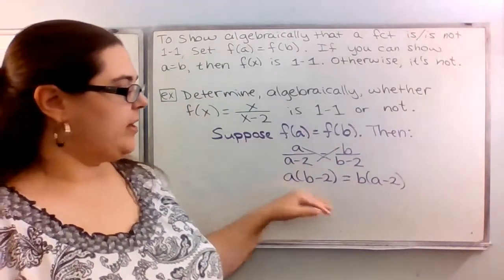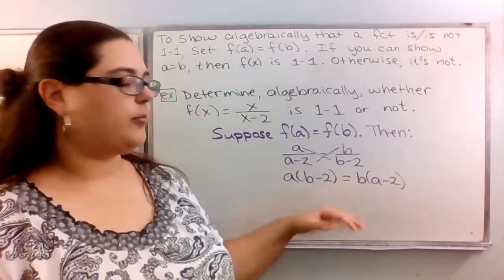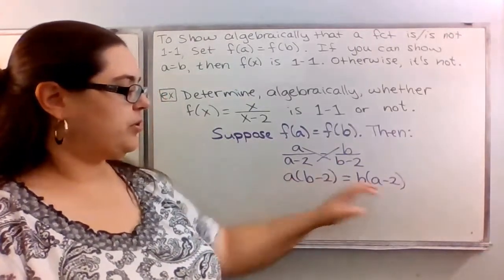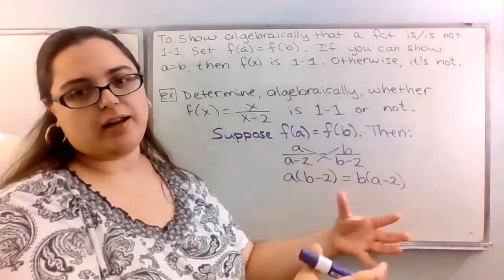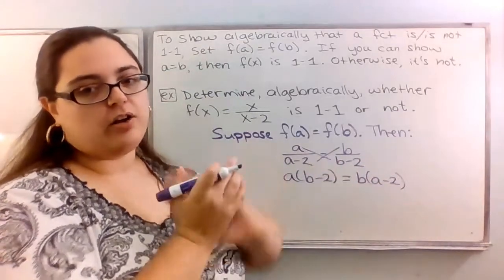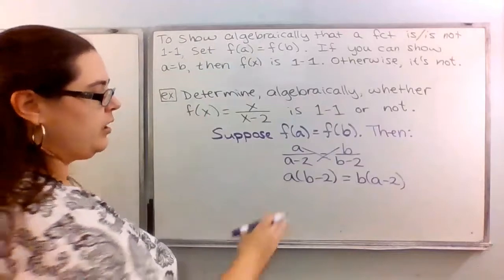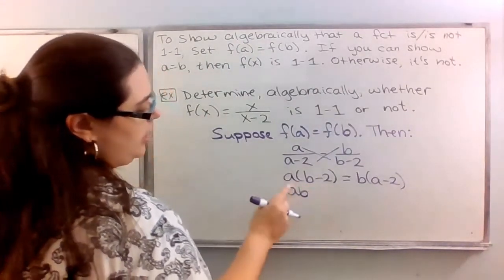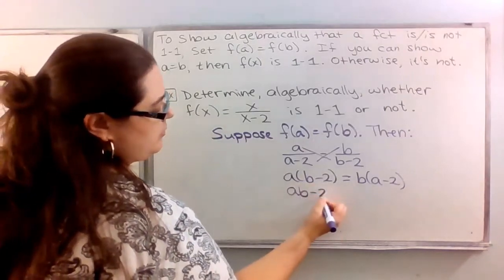Now, because I have a on both sides of the equal sign, I'm going to want to be able to move around those terms that have an a in them. So I'm going to distribute each expression, and then I'm going to try and get all the a's to the left and all the not a's to the right. So I'm going to distribute the a here. A times b is ab, and a times negative 2 is minus 2a.